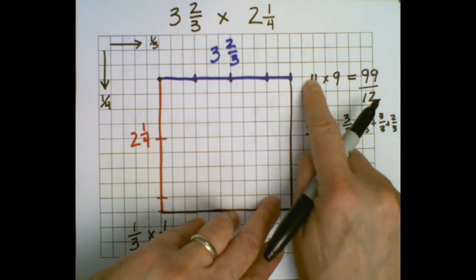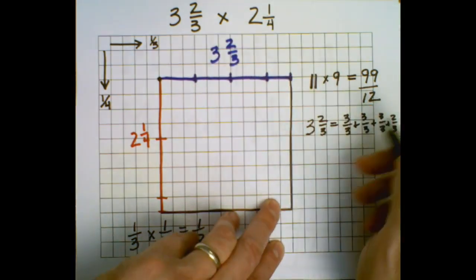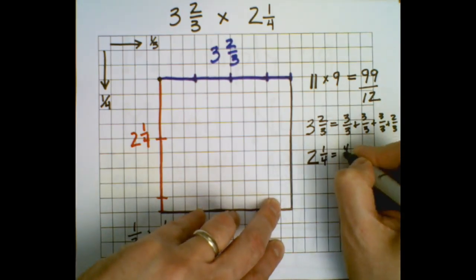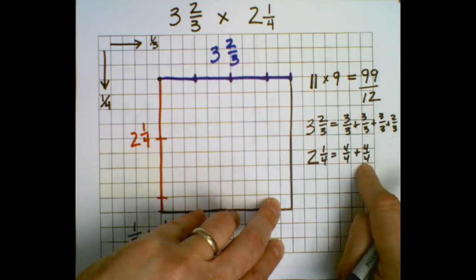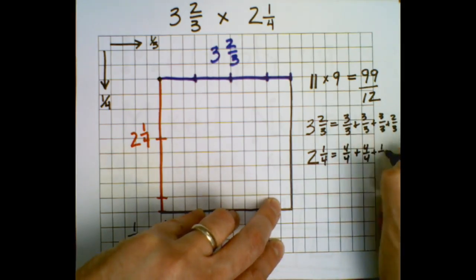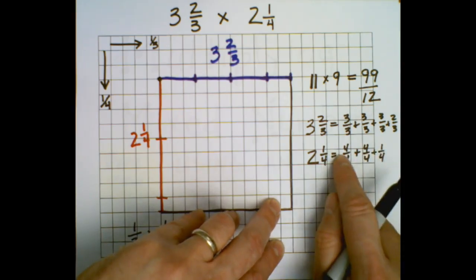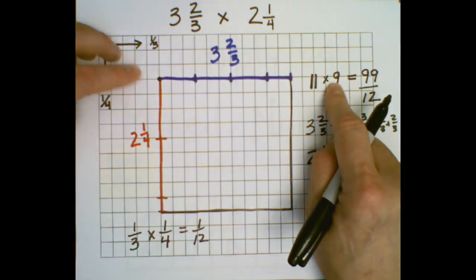That's the number that we had up here, so it was 11 across. And if we look at the second one, 2 1/4 is equal to 4/4 plus 4/4. There's 1 plus 2, and an additional 1/4, and there I get my 9. So this is equal to 9/4, and that's where I get my 9 going down.